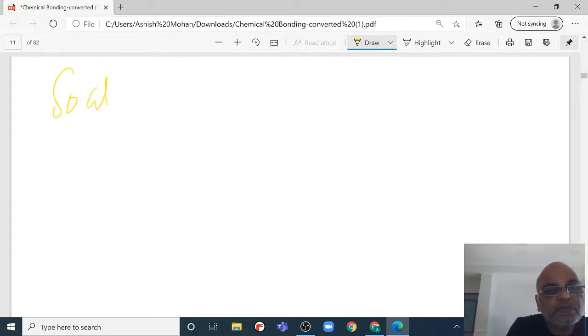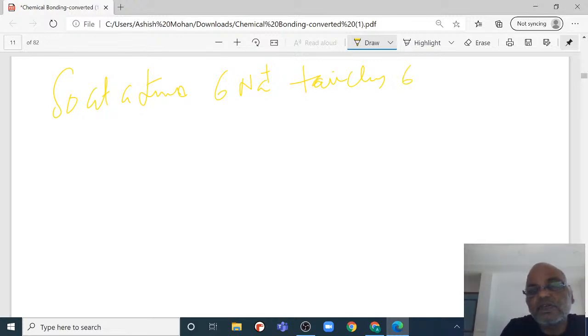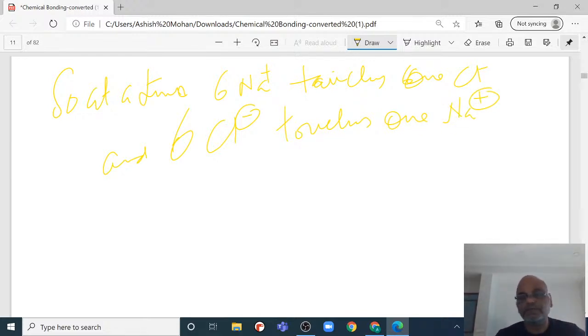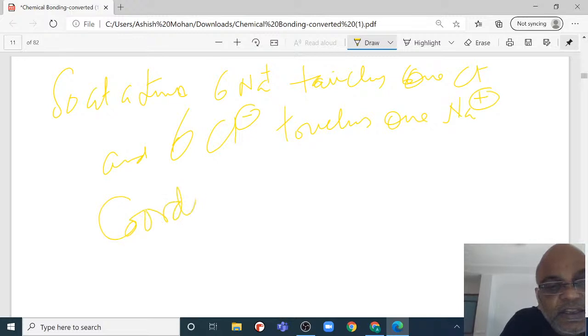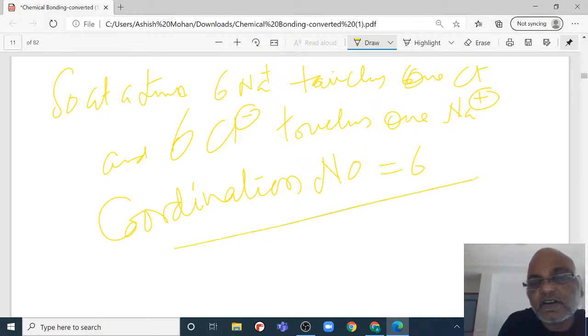So at a time six Na plus touch one Cl minus, and six Cl minus touch one Na plus. This is called the coordination number, which is 6.